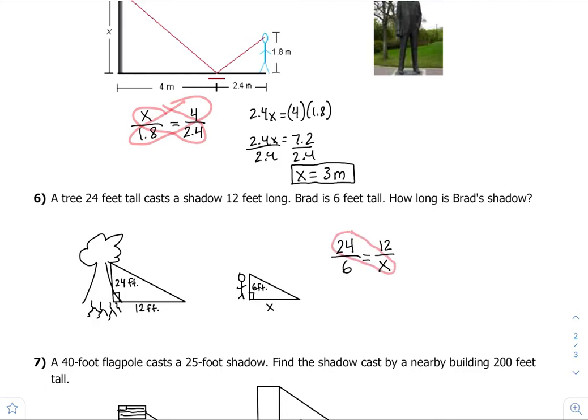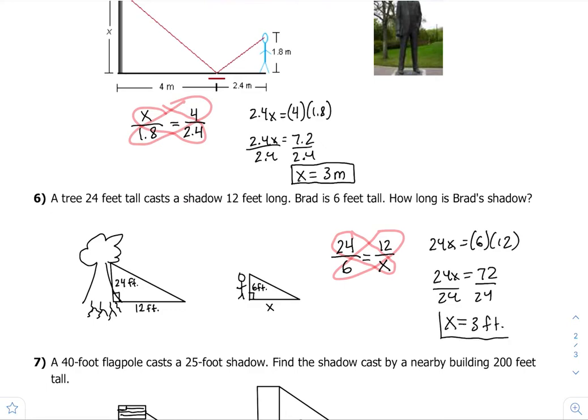Cross multiply. And we got 24x is equal to 6 times 12. 24x is equal to 72. Divide both by 24. So Brad's shadow is 3 feet long.